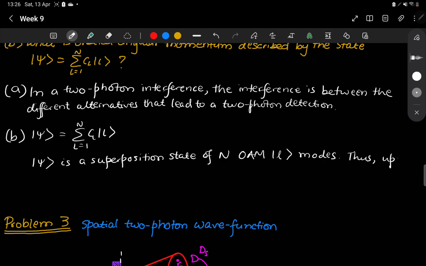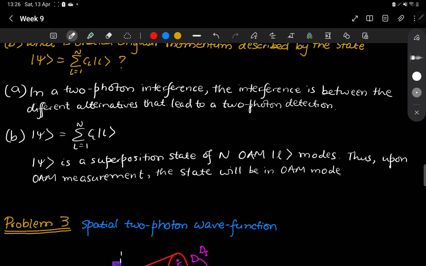Thus, upon OAM measurement, the state will be in a particular OAM mode L.